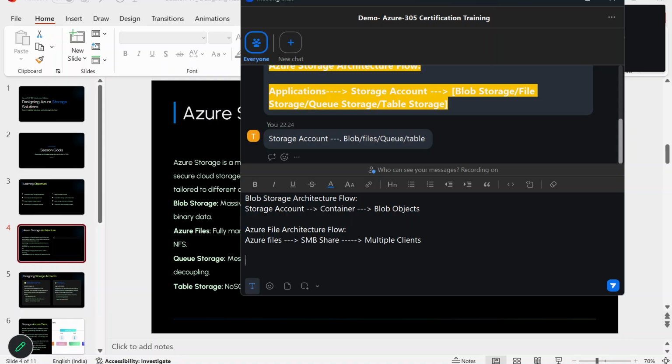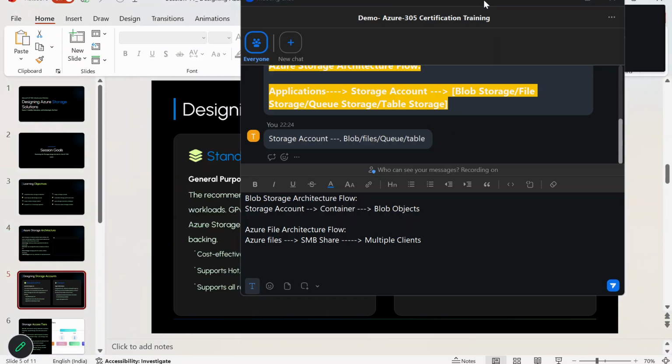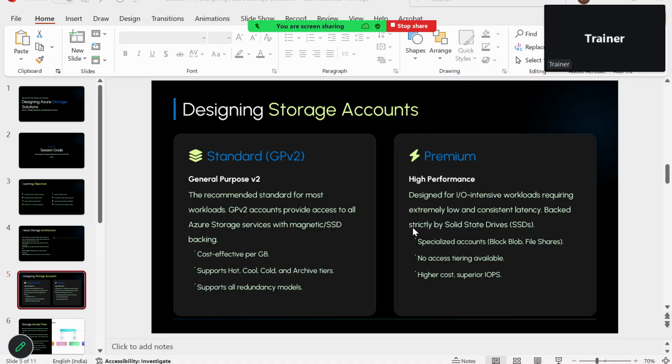In our AZ-305 topic, there is general purpose v2, GPv2, which is most common and supports blob, file, queue, and table. It is recommended for most workloads. The other is premium, which is optimized for high performance and low latency, used for specialized workloads.